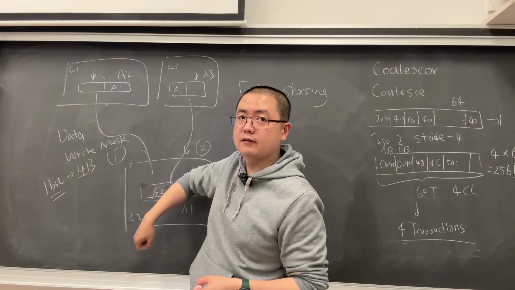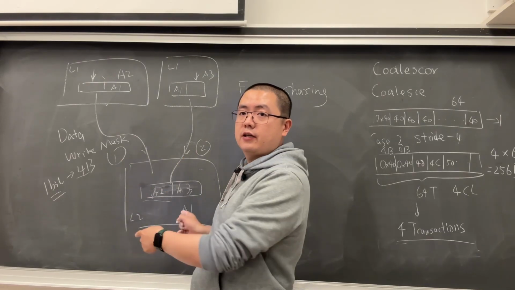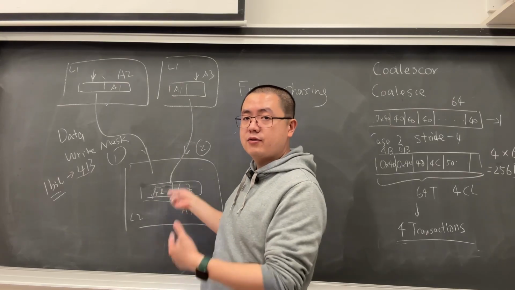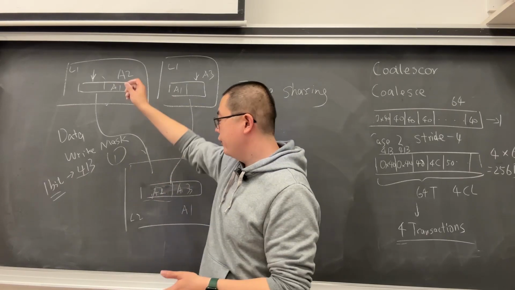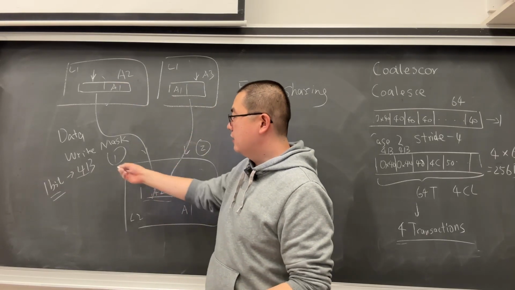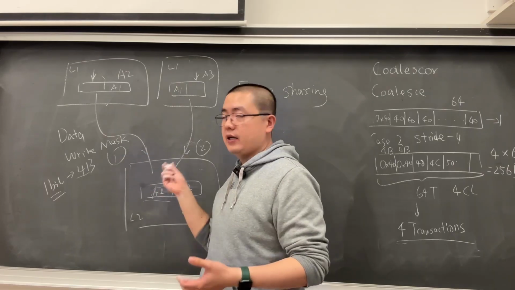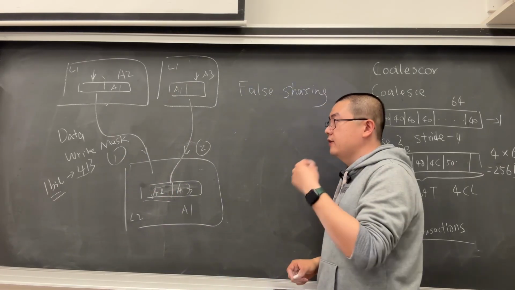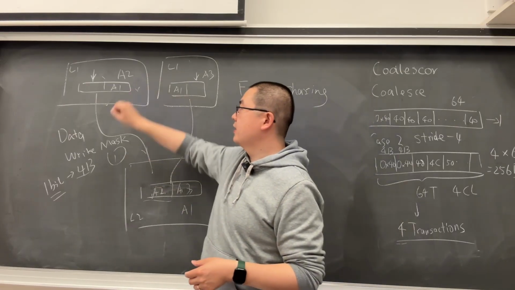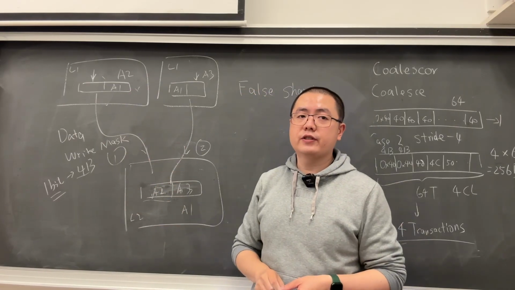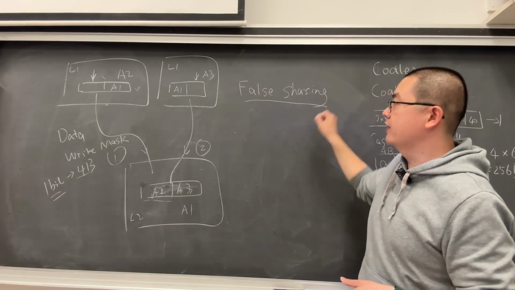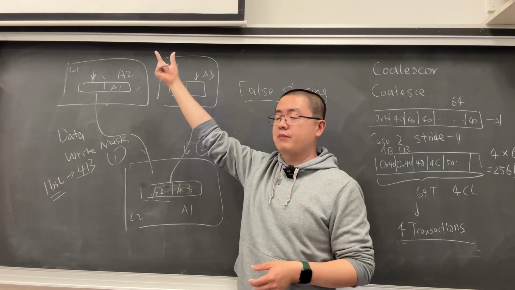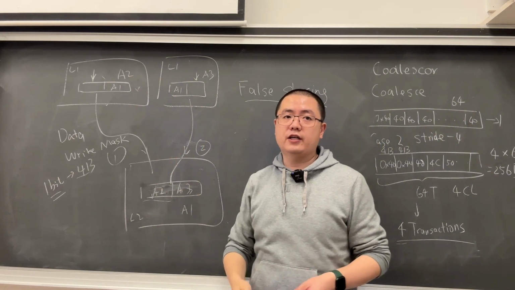Just write down here and write the whole cache line here. Because this is write through, this already happened. If you only want to write 1 byte, then don't have a write mask. Just write the whole data there. Okay, so immediately write there and evict from here. Then you don't have this type of coherency problem. This is called false sharing because you feel you are sharing this cache line, but in the program you only need part of the cache line. It's not real sharing.